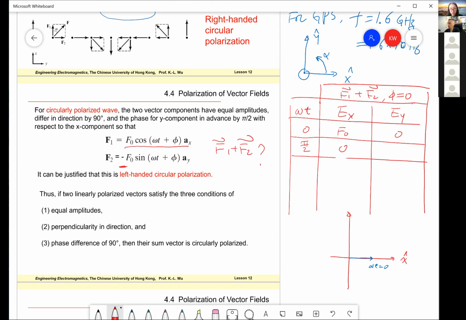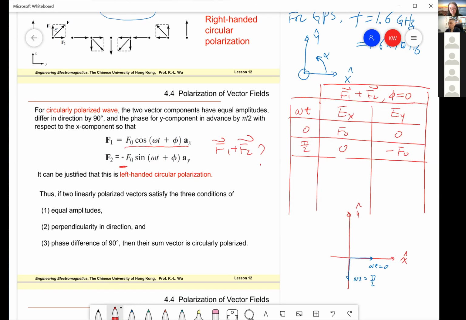So this is a minus f0, right? Then I know this is a minus. This is omega t equal to pi over 2, so this is the y component.